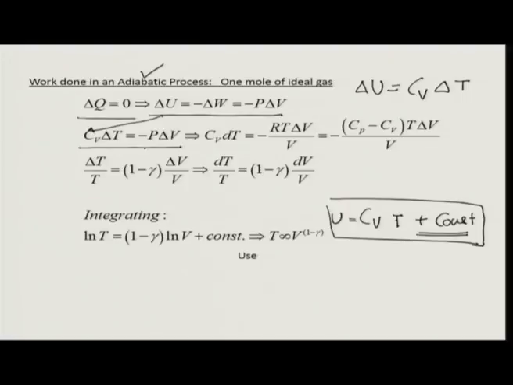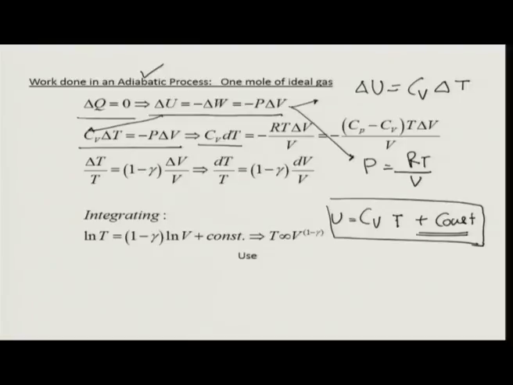This is simply from this equation; once you set delta Q equal to 0, it follows from the first law. I can write in differential form now Cv dT is equal to minus RT dV by V. What I have done is substitute P equal to RT by V.